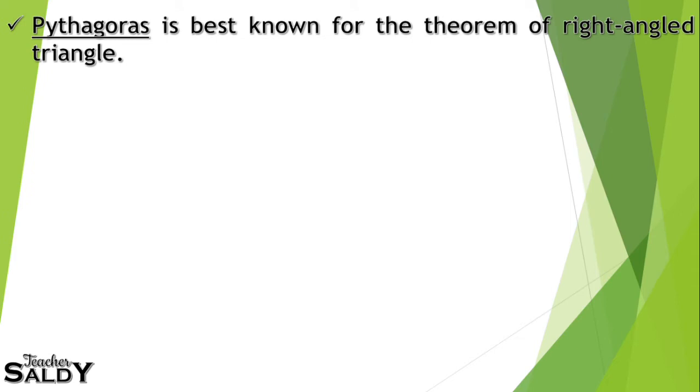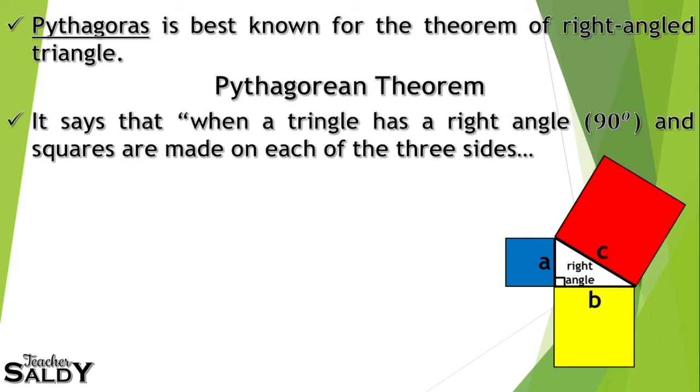Pythagoras is best known for the theorem of right angle triangle, also known as the Pythagorean Theorem. It says that when a triangle has a right angle or 90-degree angle and the squares are made on each of the three sides.